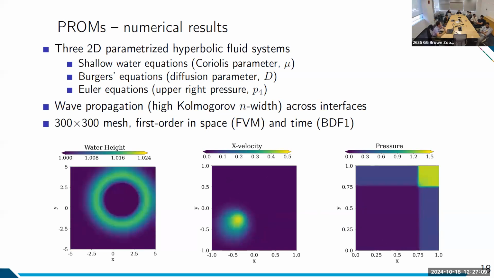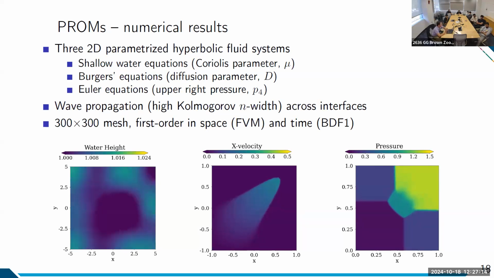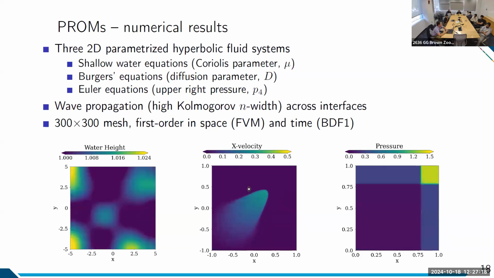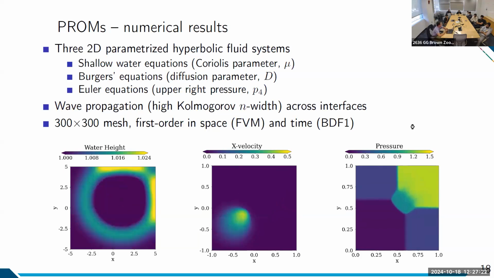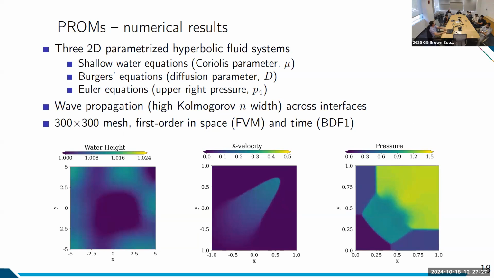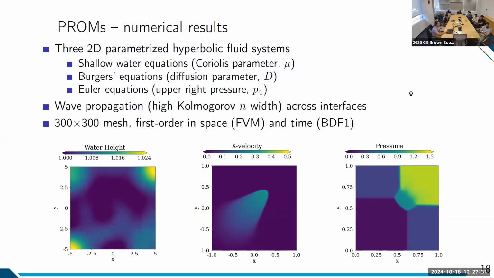But generally, if you're using monolithic solutions to solve these problems, you will have a difficult time with linear subspace methods because, especially for the Burgers and Riemann problem, the ability to represent these shock solutions with a linear subspace is very inaccurate, what we like to call a high Kolmogorov n-width problem.